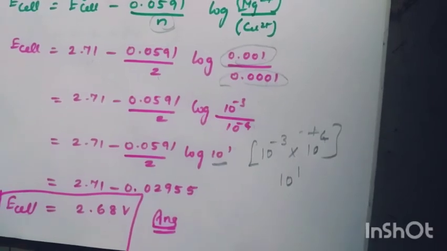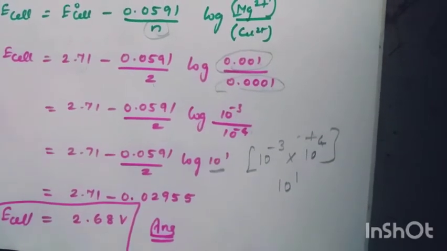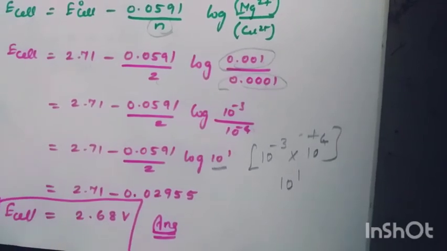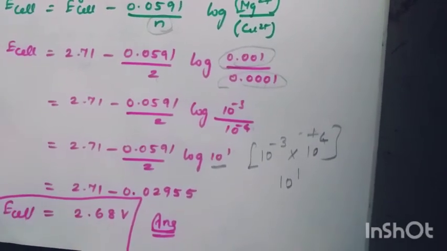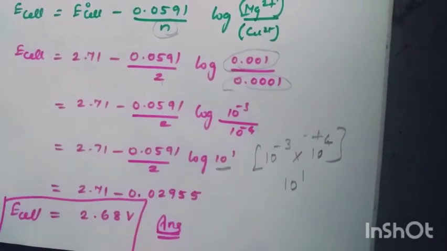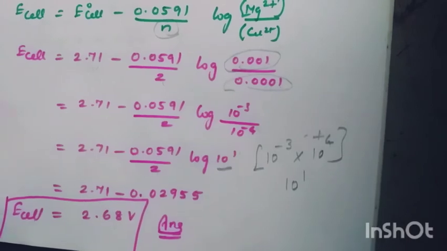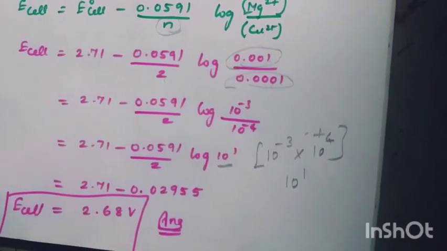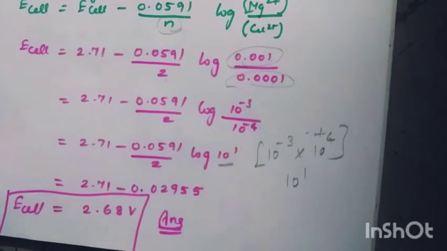Which reaction takes place at the cathode? Always, anode is oxidation and cathode is reduction. Reduction means addition of electrons, and oxidation means removal of electrons. Then we can substitute these values and get the E naught value. From this E naught value, we can calculate the EMF of the cell by using the Nernst equation.